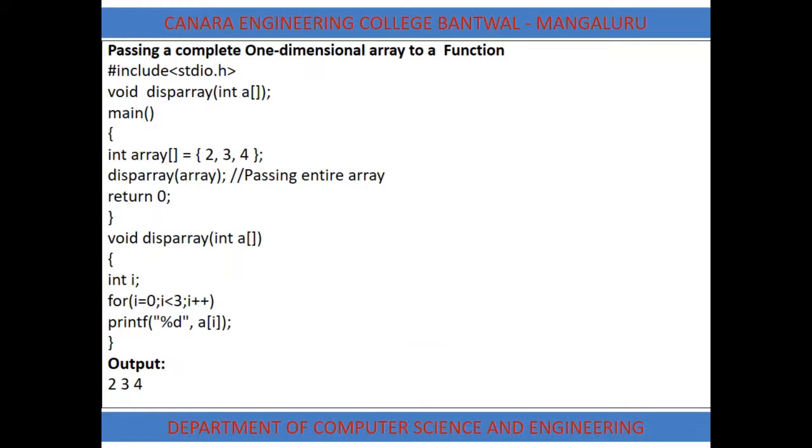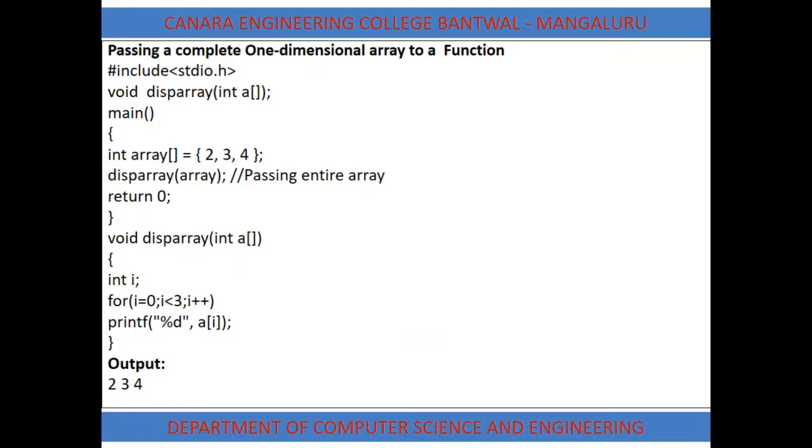Now I am going to pass the entire array, so I specify just the array name here. Once the function call is executed, the control will go to void display(int a[]). Here again I have mentioned the square brackets indicating that it is accepting the entire array. Whatever array I have passed will be copied to a in the display function.